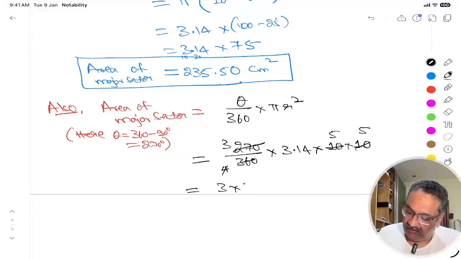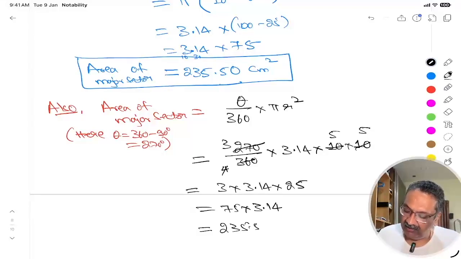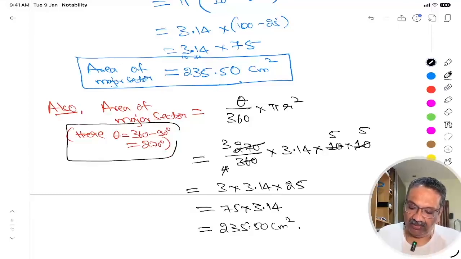So 3 into 3.14 into 25, which is equal to 75 into 3.14, which ultimately comes to the same answer as above. Okay, this can be solved this way also. Any answer is correct, but here you have to be careful to take theta correctly. Okay, right.